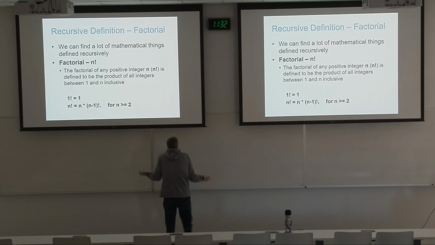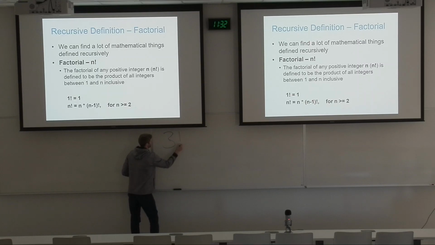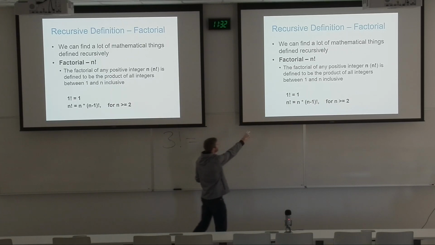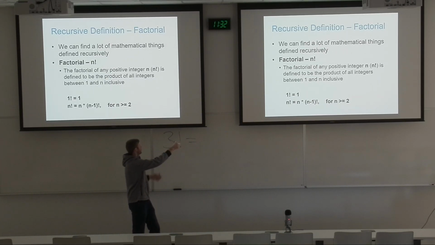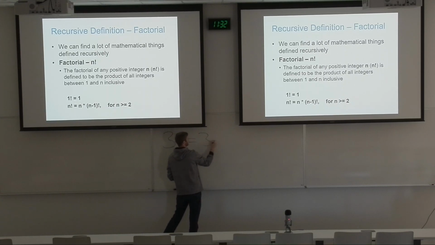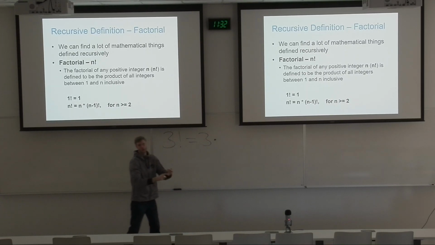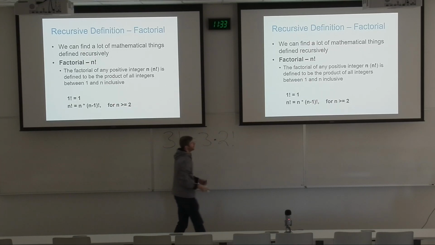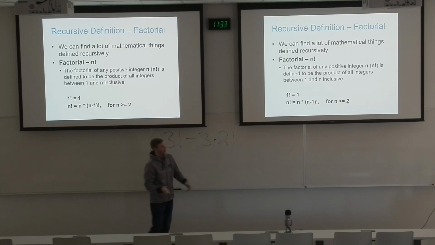So, if we have 3 factorial, well that's equal to, simply, look at the definition. Is that 1 factorial? No. So we need to do n, which in this case is 3, times n minus 1. Well, 3 minus 1 is 2, so 2 factorial. What's 2 factorial? I don't know.